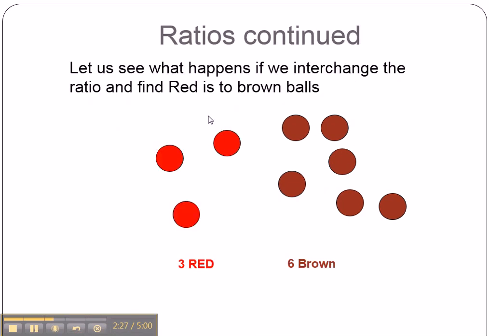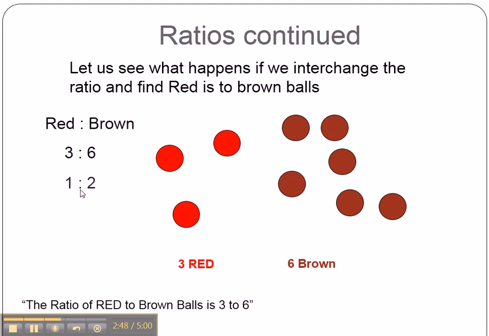Now let us see what happens if we interchange the ratio of these two balls. Let's find out the ratio of red to brown balls. We know there are 3 red balls and 6 brown balls. So the ratio of red to brown is 3 is to 6, and in its simplest form it will be 1 is to 2.